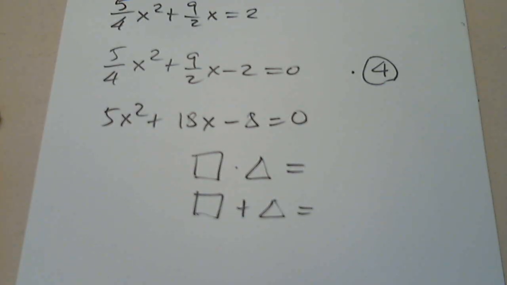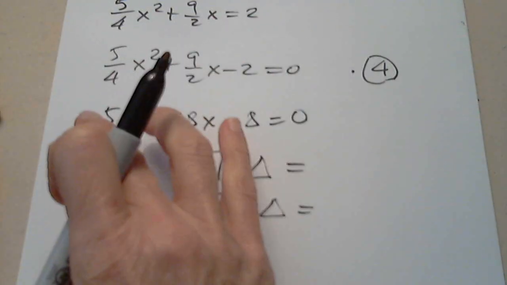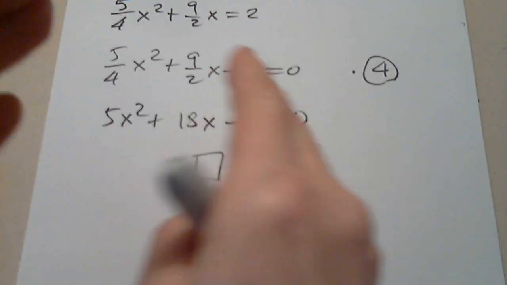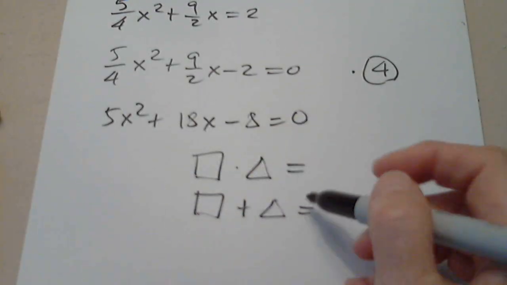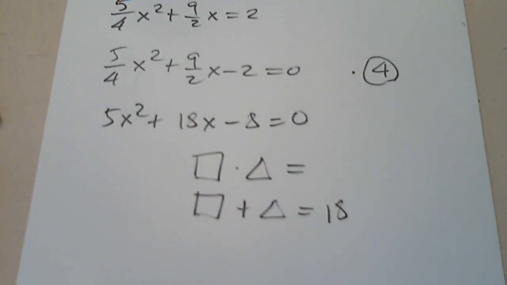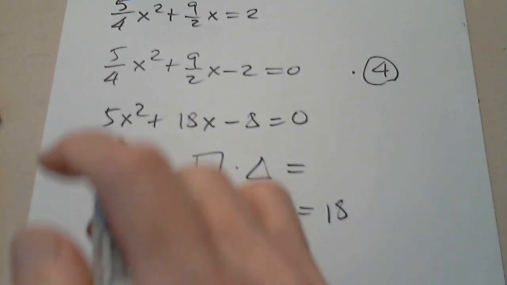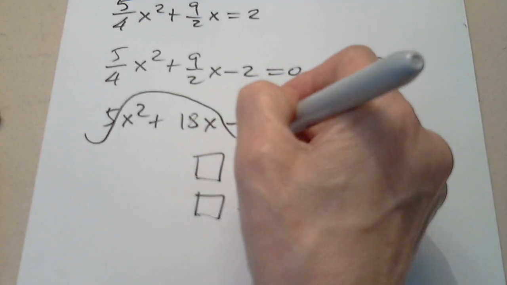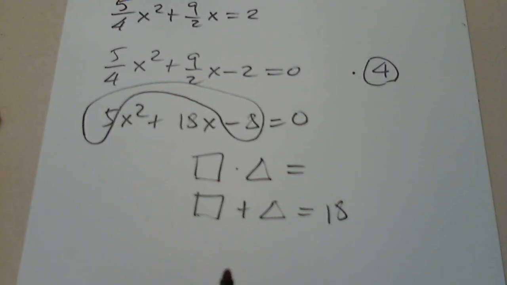The sum is 18. Yes, that never changes. But remember, these have to be in descending order, because if they're mixed and matched, maybe that's incorrect. Good. And what will be the product? Negative 40? Yes, because we have to incorporate the leading coefficient. We have no choice.